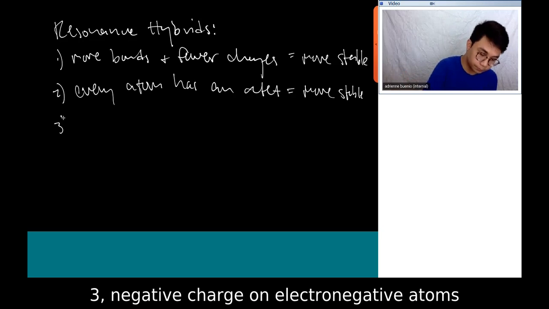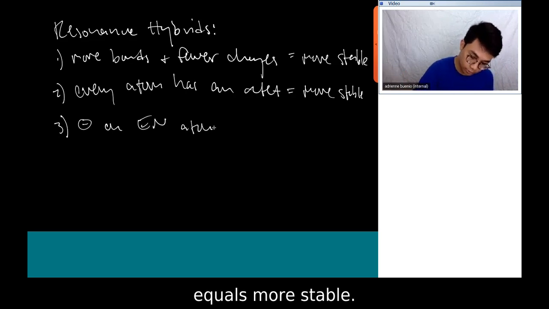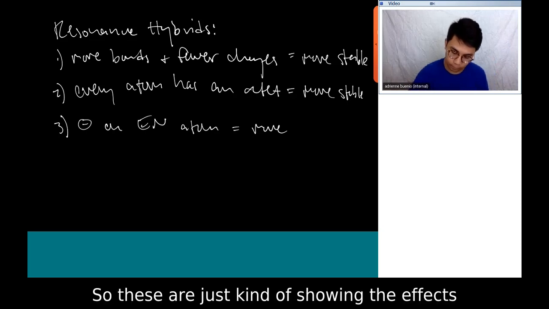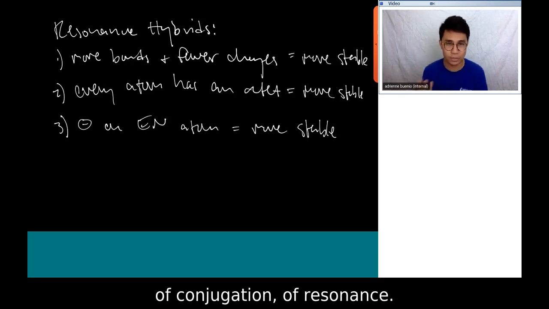Three, negative charge on electronegative atom equals more stable. So that was kind of like the fourth one on our conjugation list, right? So these are just kind of showing the effects of conjugation of resonance.